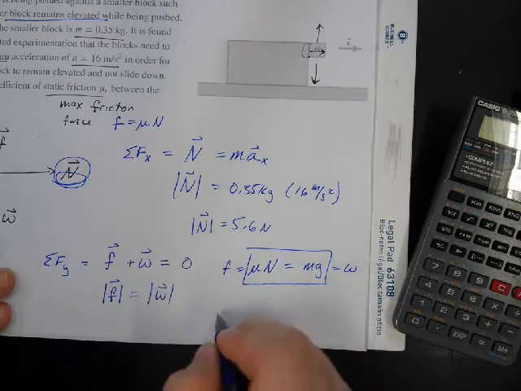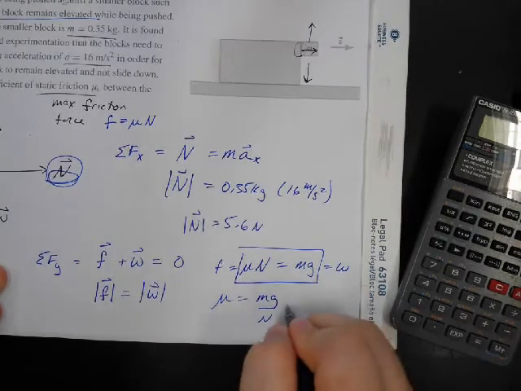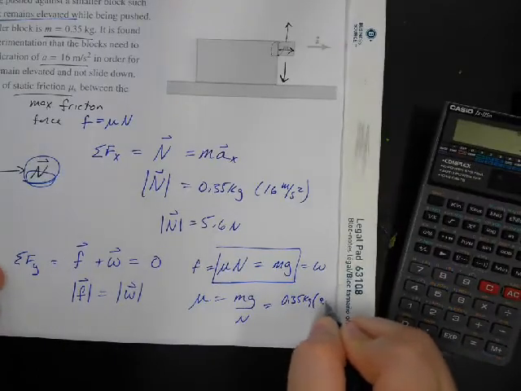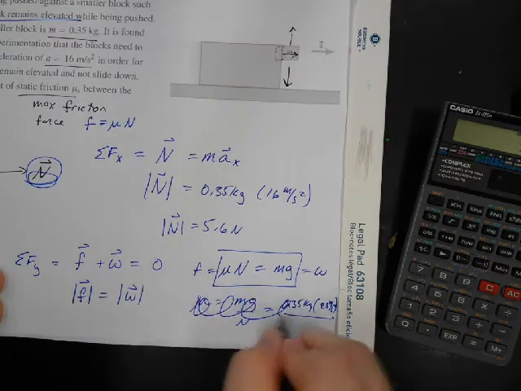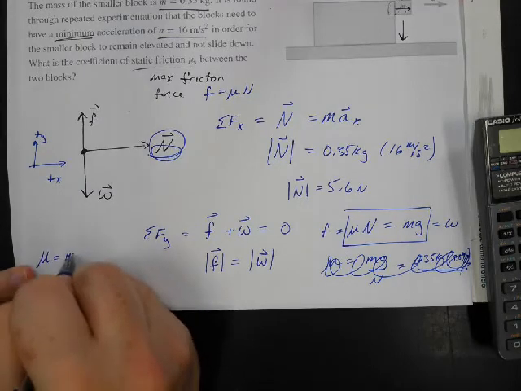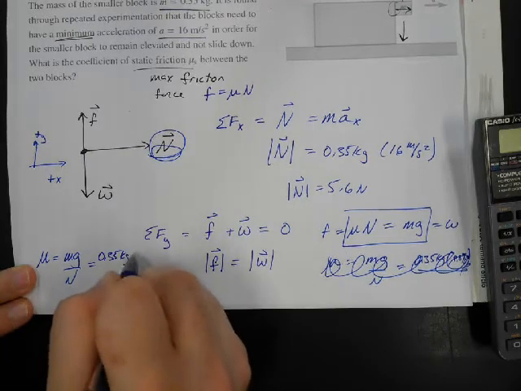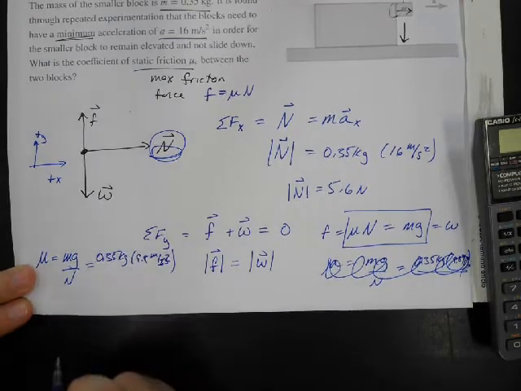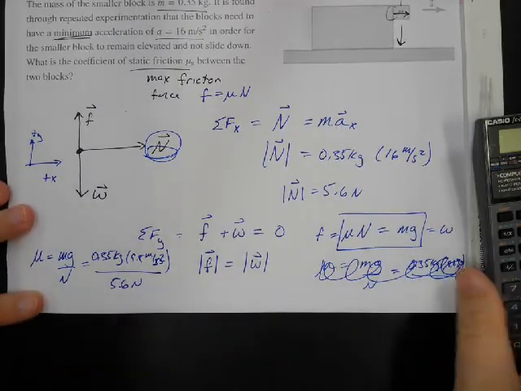Now we can solve for this coefficient. Mu is mg over N. We know what N is, and we can plug in everything else. Mu is 0.35 kilograms times 9.8 meters per second squared, divided by 5.6 newtons.